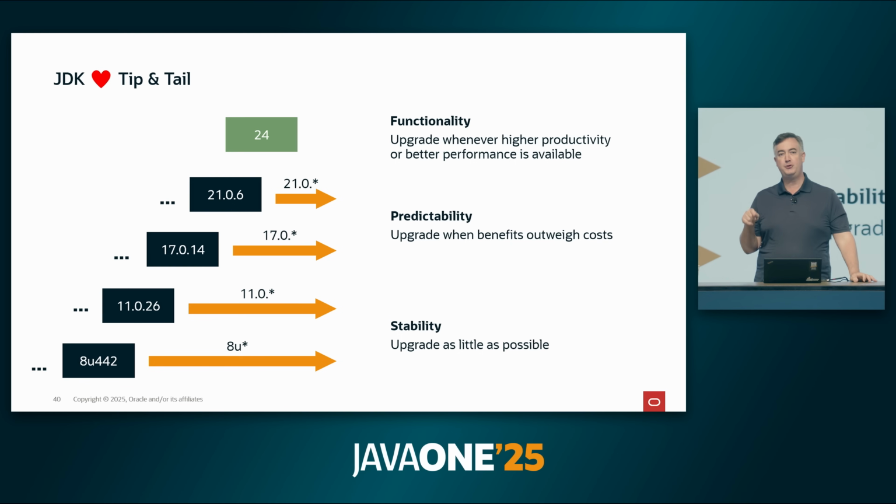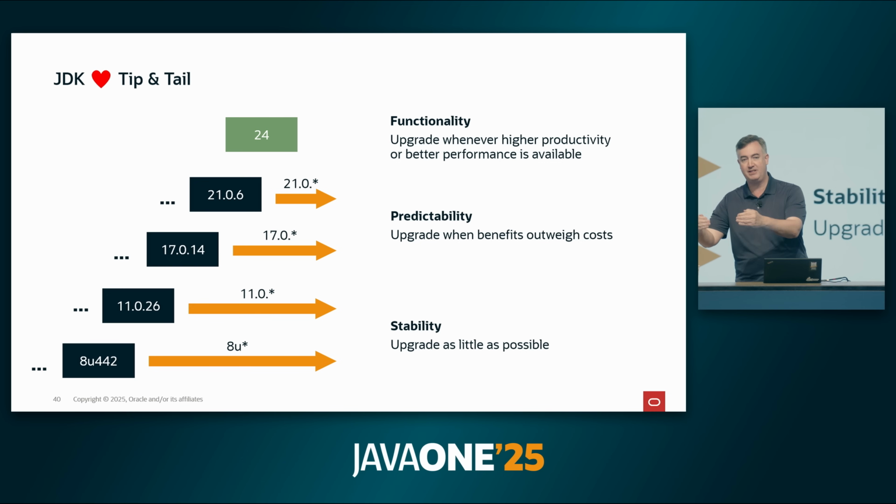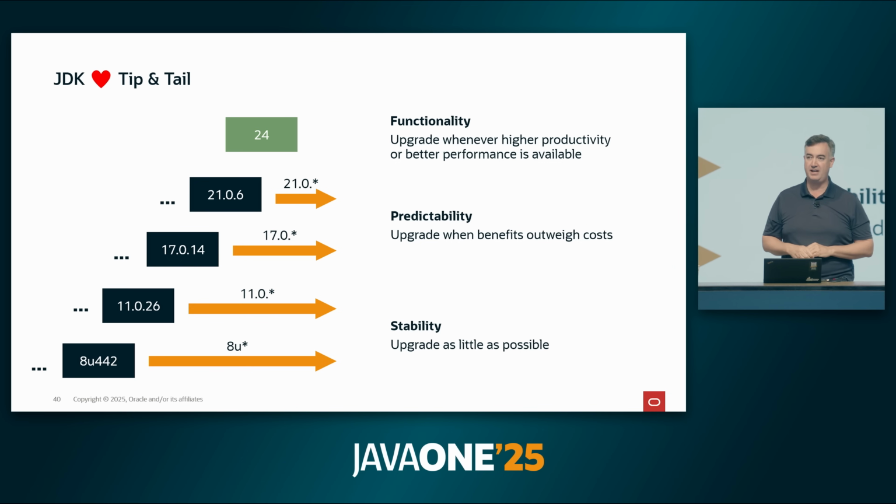Just because you use a tail release doesn't mean you don't have to upgrade. Quite the contrary. You should be upgrading just as frequently within your favorite tail train as someone who is following the tip train. Otherwise, you're using a tail train and not getting the benefit of the limited patches and fixes that it's providing to you.